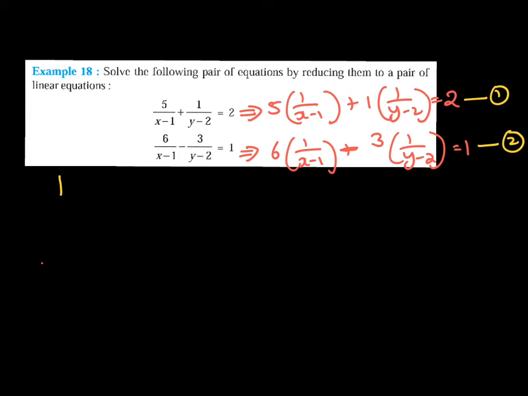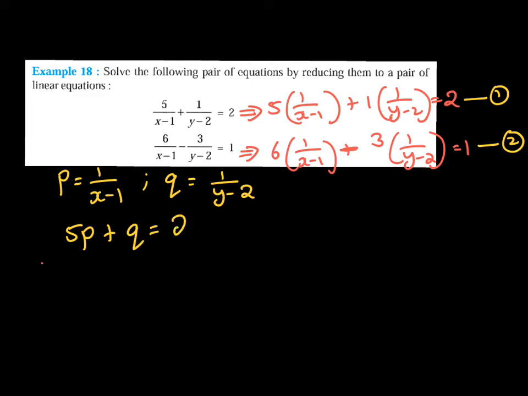Let us take p to be equal to 1 over x minus 1 and q to be equal to 1 over y minus 2. So now our equation 1 will become 5 times p plus 1 times q equal to 2.